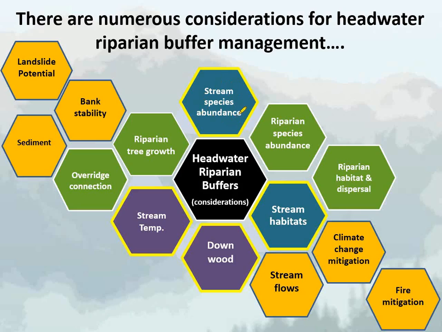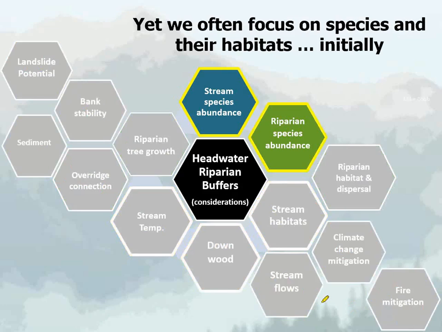Some of the dominant considerations are the species that occur in the streams or in the riparian zone, and their habitats, the stream habitats or the riparian zone habitats. Some of the key factors for stream habitats include downwood, stream temperature, and then you go a little bit further and there are various processes that come into play: bank stability, sedimentation, landslide potential, and then at the other corner, other processes, climate change, fire mitigation. We'll go through a bunch of these today.